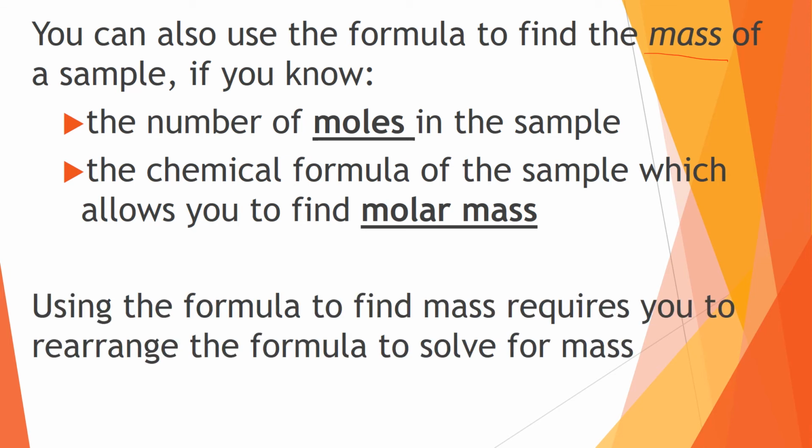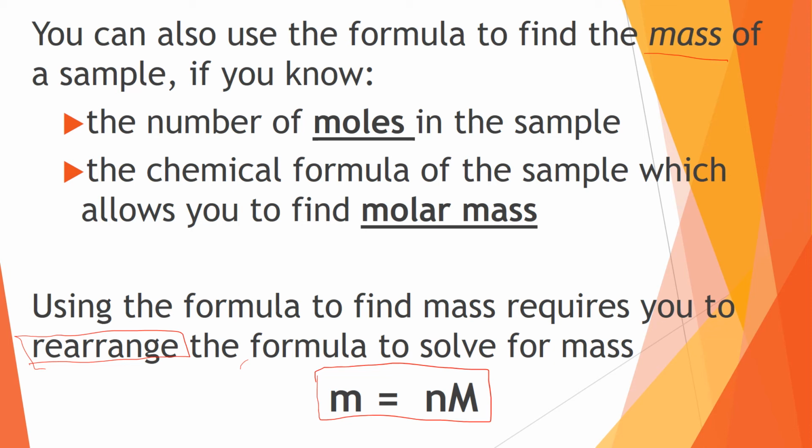So using the formula to find the mass requires us to rearrange the formula. We worked on this at the beginning of the year. I don't know if you guys remember, in our science skills, we talked about how to rearrange formulas to solve for mass. So mass is equal to number of moles times the molar mass.